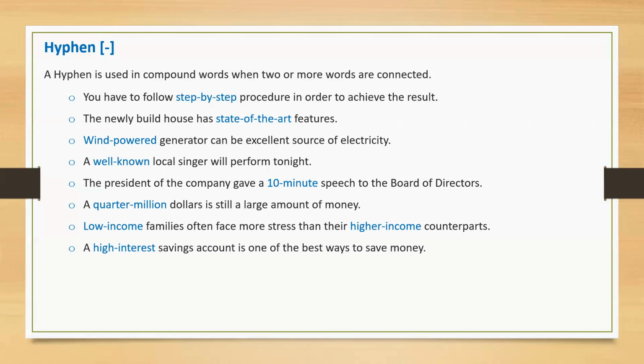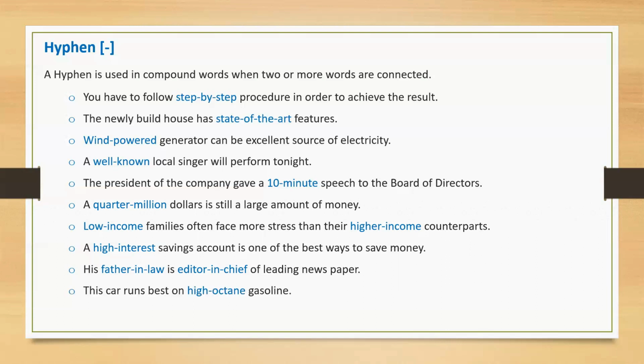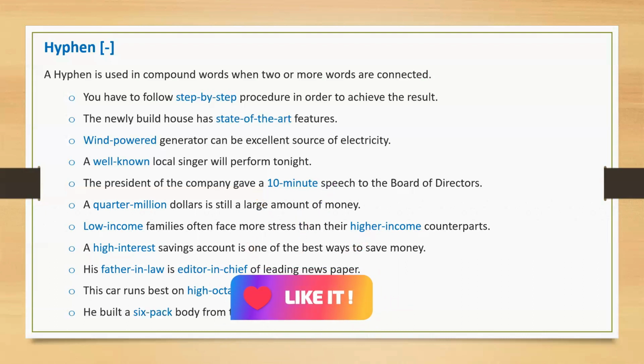A high-interest savings account is one of the best ways to save money. His father-in-law is editor-in-chief of leading newspaper. This car runs best on high-octane gasoline. He built a six-pack body from the regular exercise.